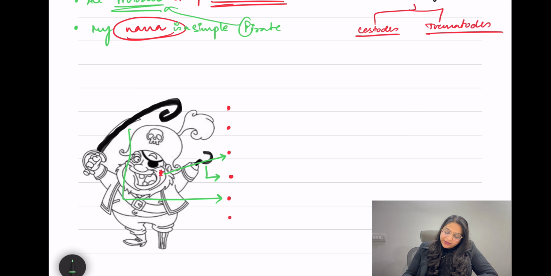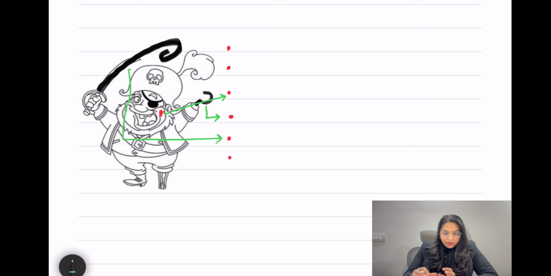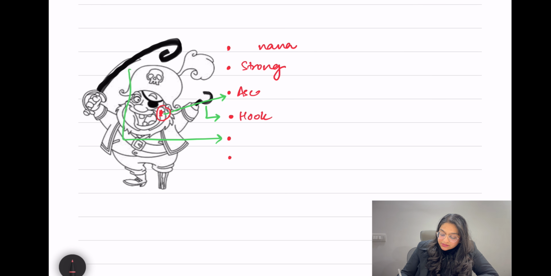My Nana, you see, is a pirate. Now, what all is he holding? By the way, let's look. What are my Nana's characteristics? So, one thing I will write here is number one, he's my Nana. Okay? He's quite strong, right? He's quite strong. He seems to have a hook. Oh, he also has a scar. What else? He's holding a whip, isn't it? He's holding a whip. And with whip, I can also remember a pin.